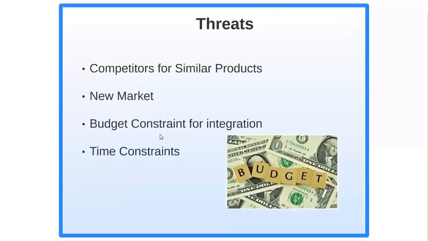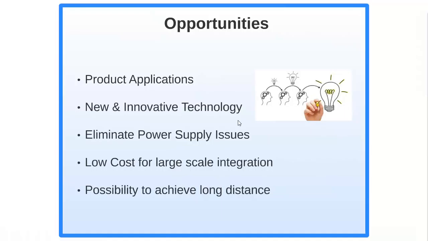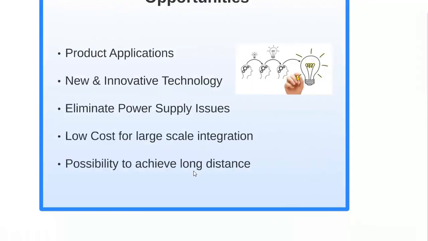From there, we looked at the threats, and the main threat would be budget constraint for integration. Having a receiver circuit as part of the laptop, for example, not many companies would go for that change to their design. And the opportunities to note here are that it's a new and innovative technology, and also there's a low cost for large scale integration, which is really good.